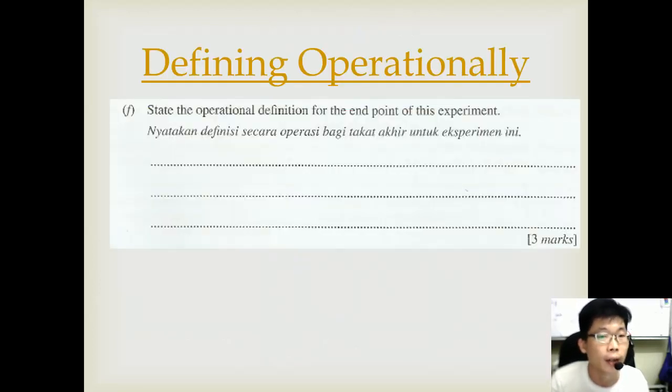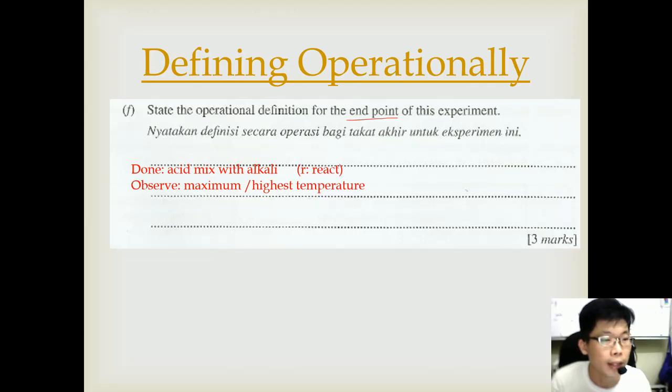Now, what is the operational definition at the end point of this experiment? How do you know it is the end point? What you do in the experiment is you mix the acid with the alkali. In the operational definition, make sure that what you do must be something you can see.